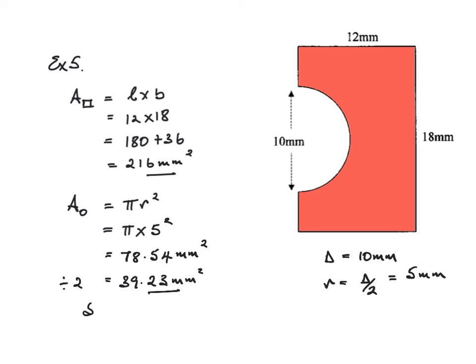And to work out the shaded area, it's 216 minus 39.27, and that gives us 176.73.